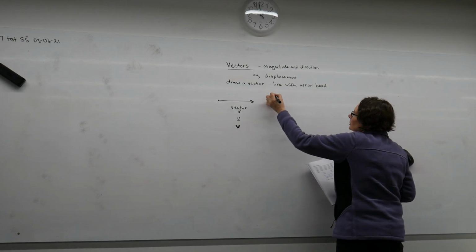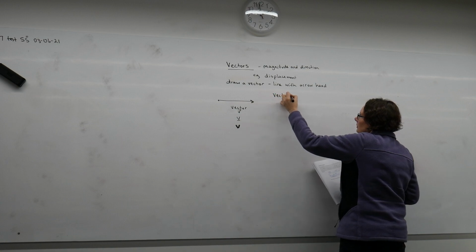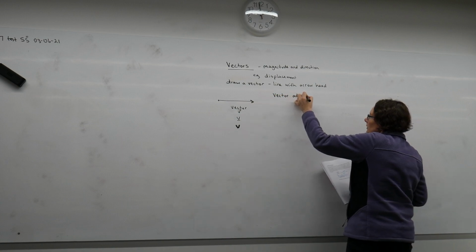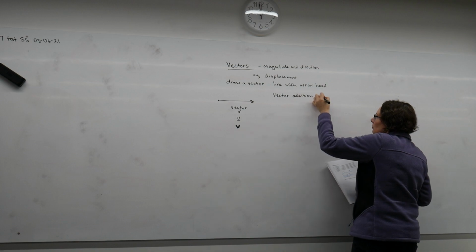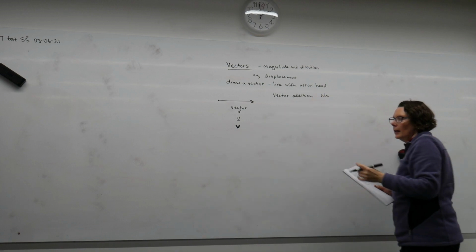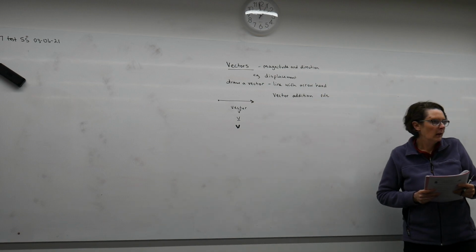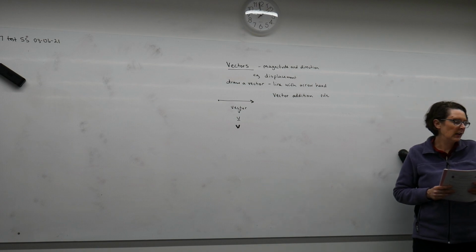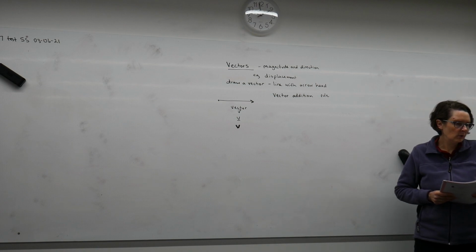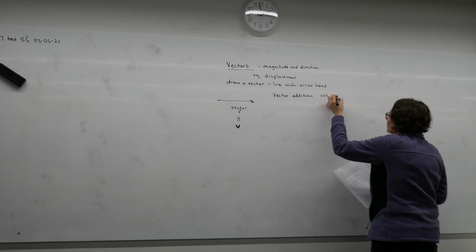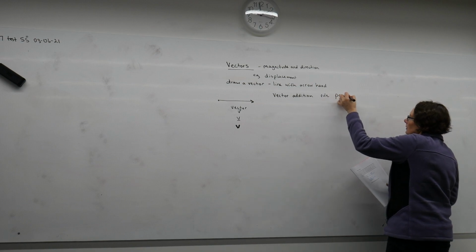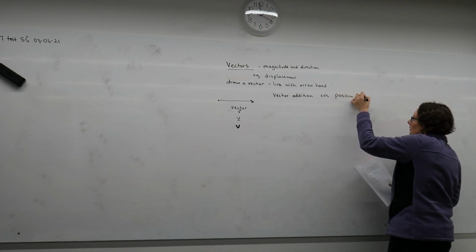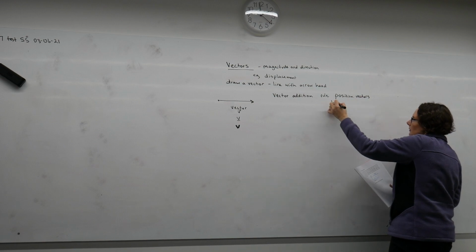So if we're going to do some vector addition, we have a rule, and that is that the tail of the second vector needs to be positioned at the head of the first vector. So we position our vectors head to tail.